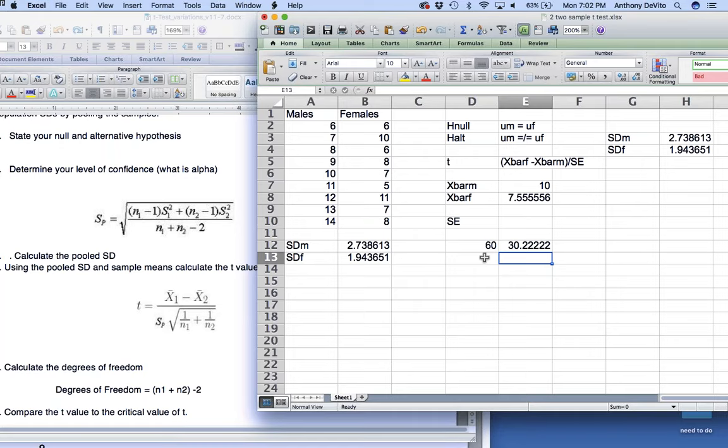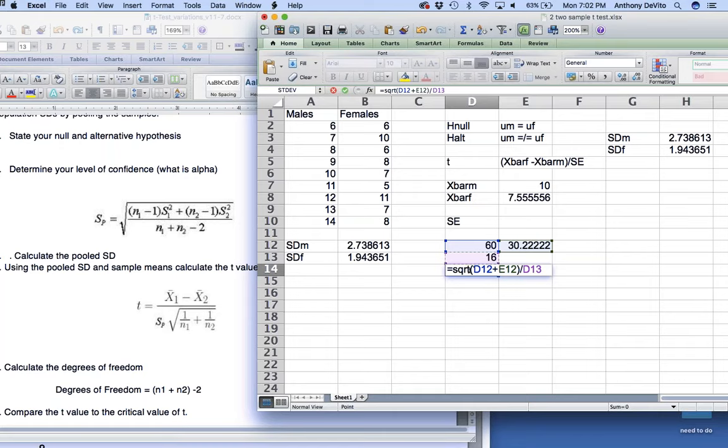Now let's calculate the bottom of this: n1 plus n2 minus 2. So that's 9 and 9 is 18, minus 2 is 16. Okay, so here we go. Now let's calculate this square root. It equals the square root of this number plus this number, divided by 16.